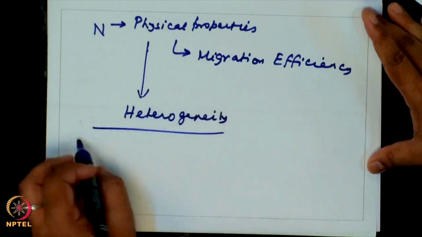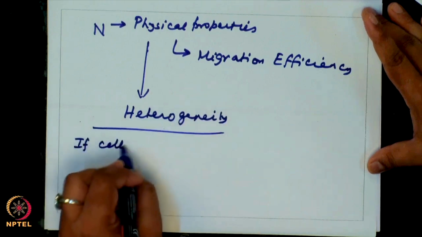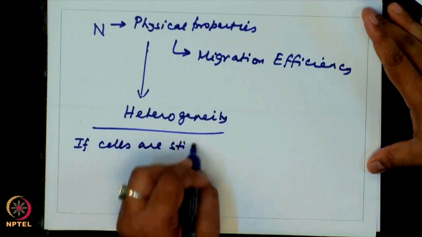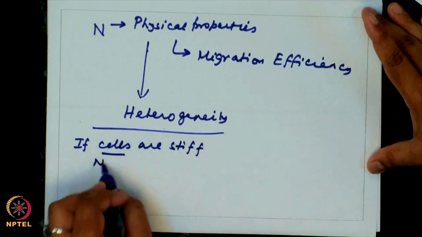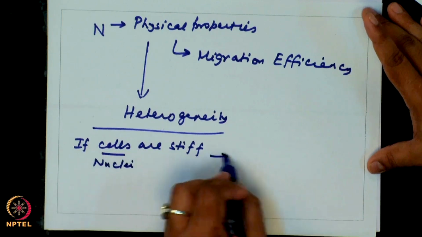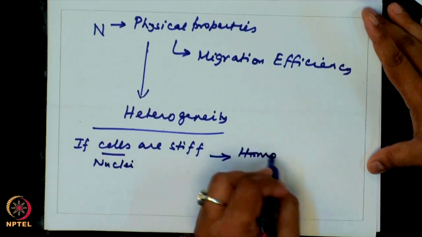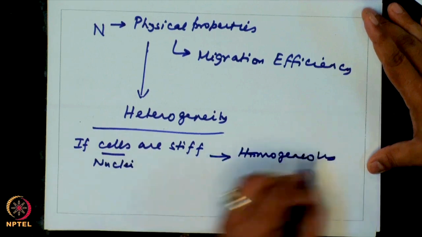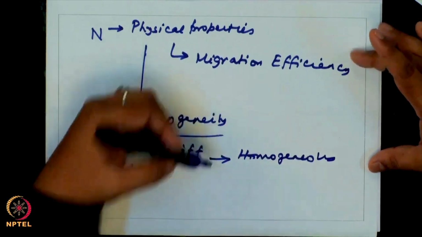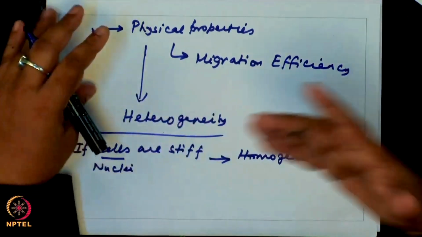If cells or nuclei are stiff, then this population should be more homogeneous and less likely to migrate, because this kind of defect will be less likely.